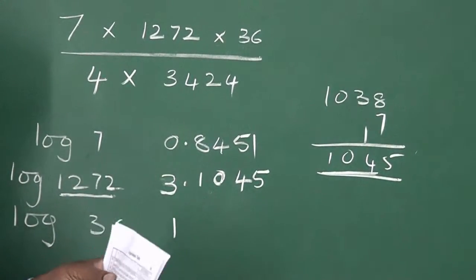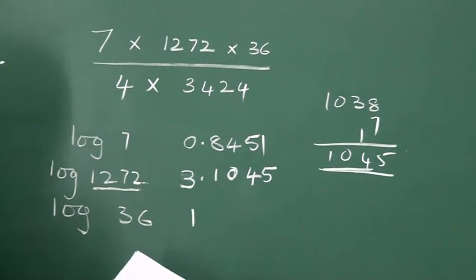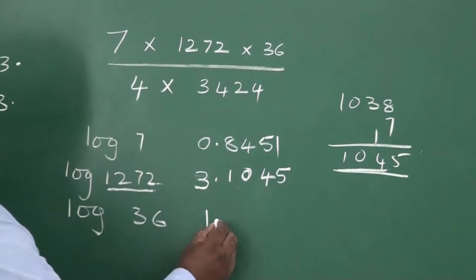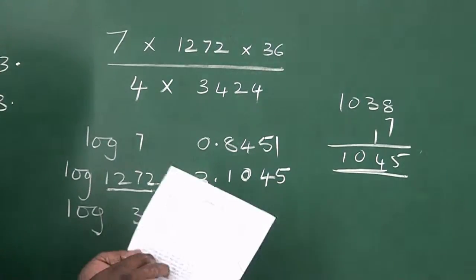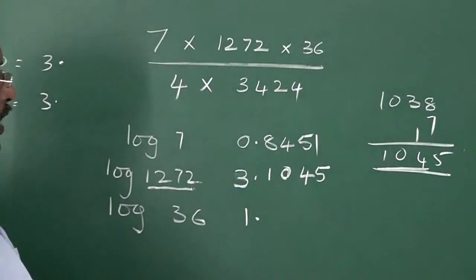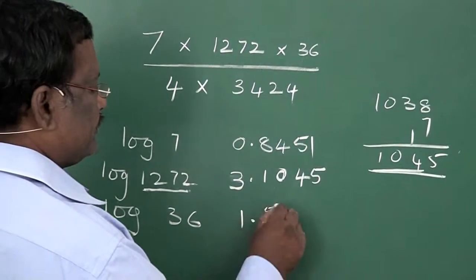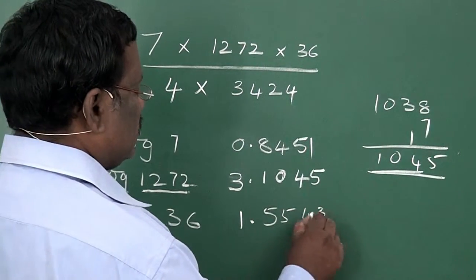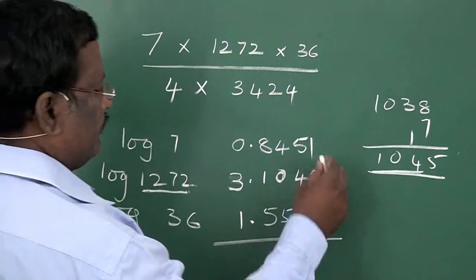Then log 36. It's a 2-digit number, so you have characteristic as 1. Now you have to see 36, 0. It is 5543. So add all the things.